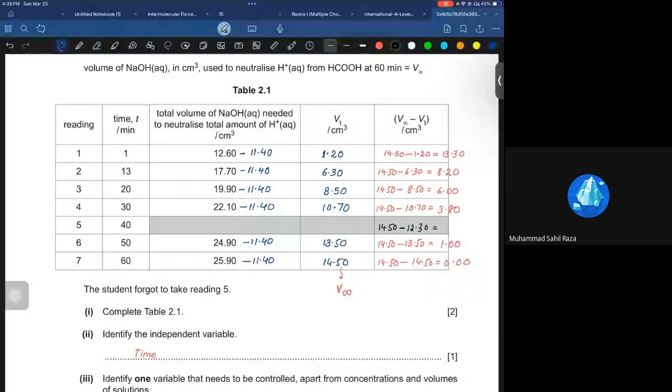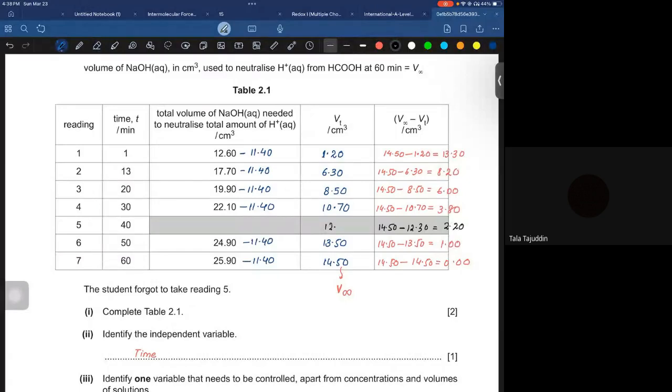What's the answer? 14.50 minus 12.30, 2.2. 2.30. Okay. No, sir, if this is 2.20, it's 2.20.